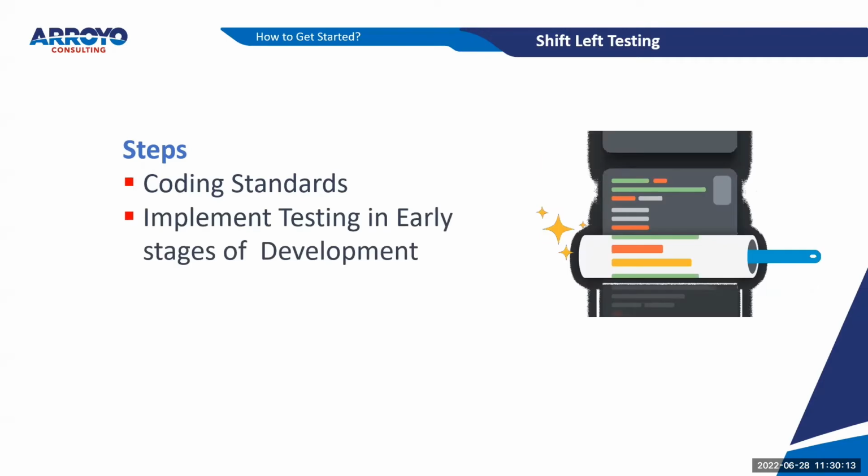The second step is to implement testing, mainly in the early stage of development. The idea is to try to use tools, for example static code analysis, like linters. Those are the main tools that you can use inside your coding environment.